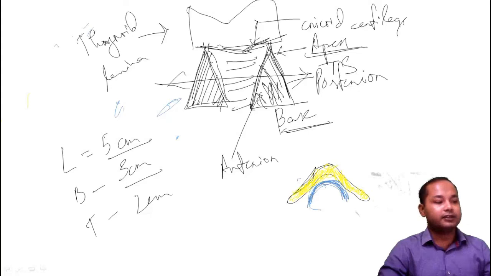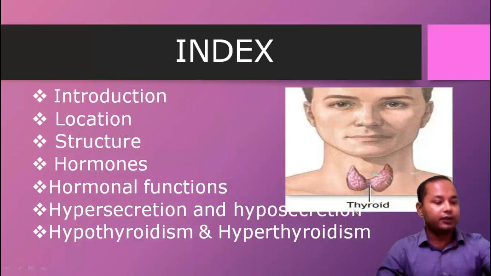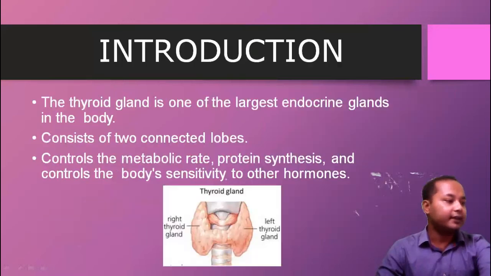The trachea will start, and the tracheal rings will be attached to it. I must erase this part, because below the thyroid lamina only the tracheal rings will start, right? So what I will do is advance forward through the standard diagrams.